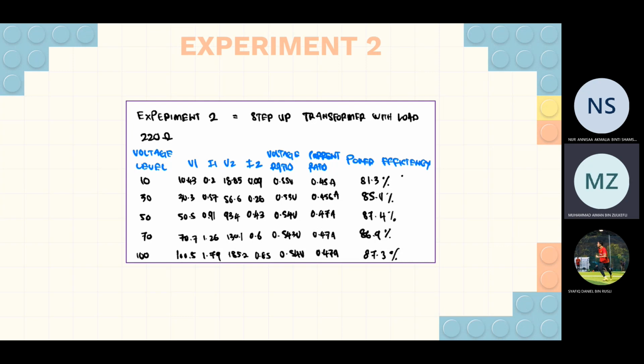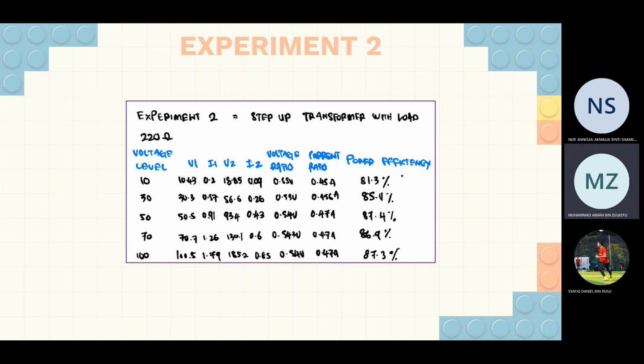How do we get the power efficiency? We need to find first the P in and P out. To get them we use P equals I times V. For P in, we use current 1 multiplied by V1, and then we get P in.